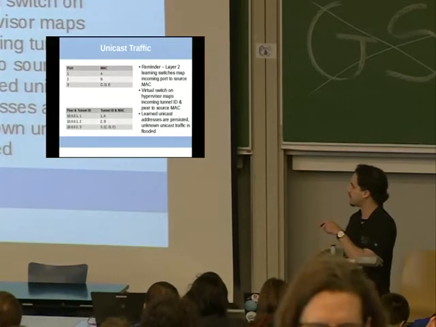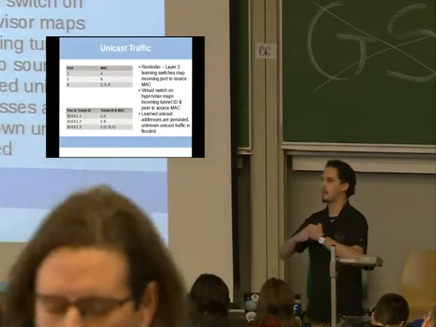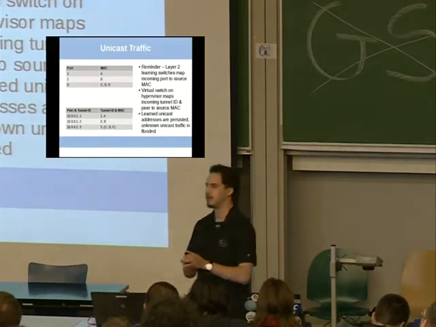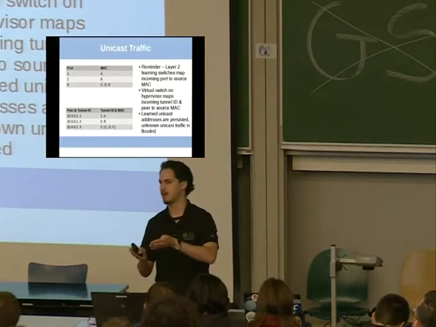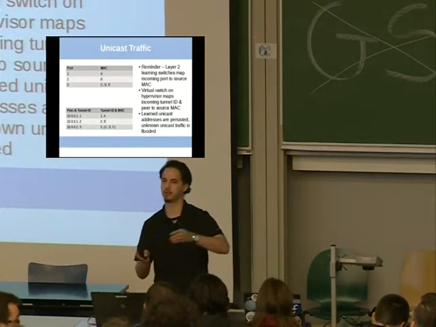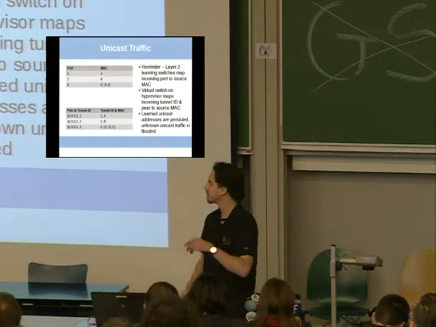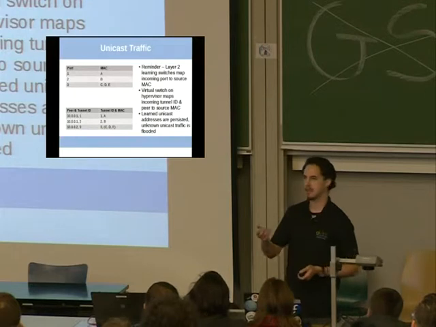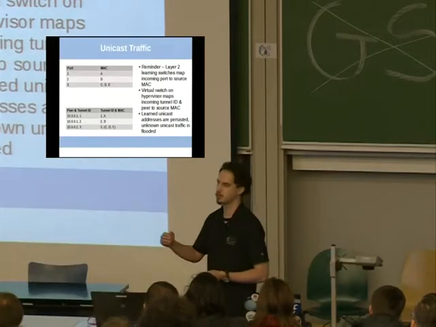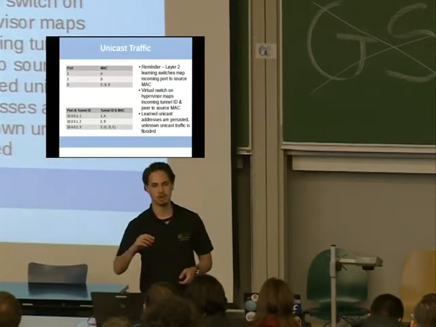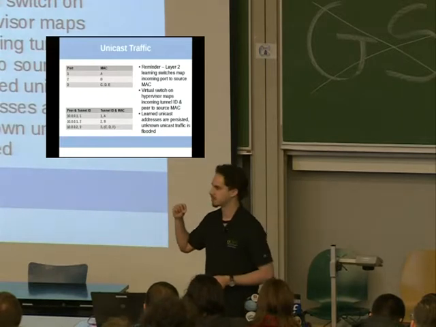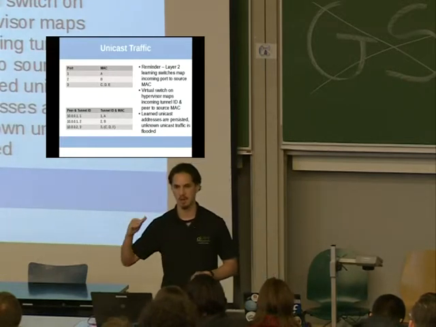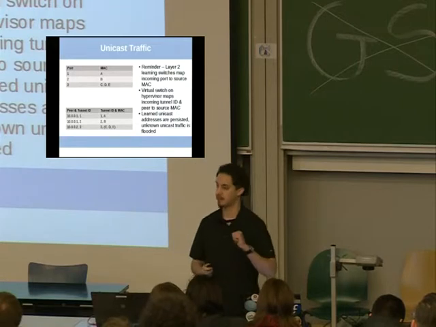They have a table, which is a binding, or a map, between the port numbers, say ports 1 to 24, and a set of MAC addresses. The switch is sniffing traffic as it goes through. It looks at the source MAC address: where is this message coming from, and what port is it coming from?